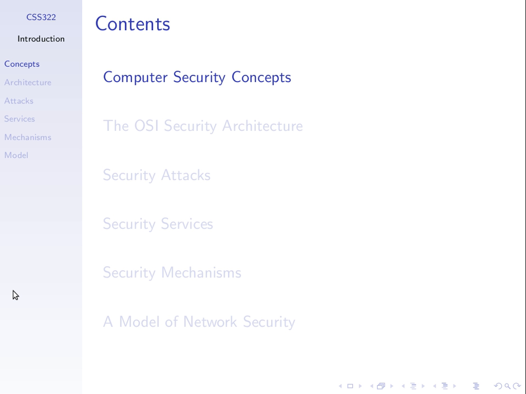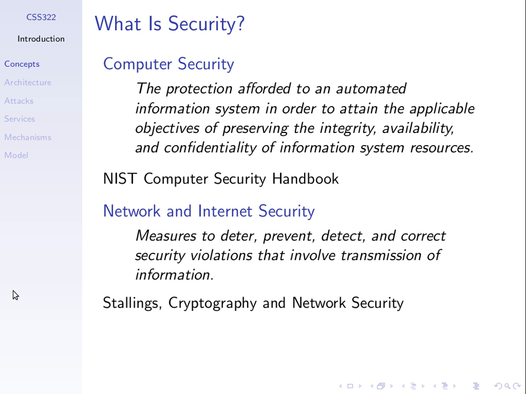Let's look at some introductory concepts. Some definitions. What is security? From textbooks or from some government standards that define security: the protection afforded to an automated information system in order to obtain the applicable objectives of preserving the integrity, availability and confidentiality of information system resources.